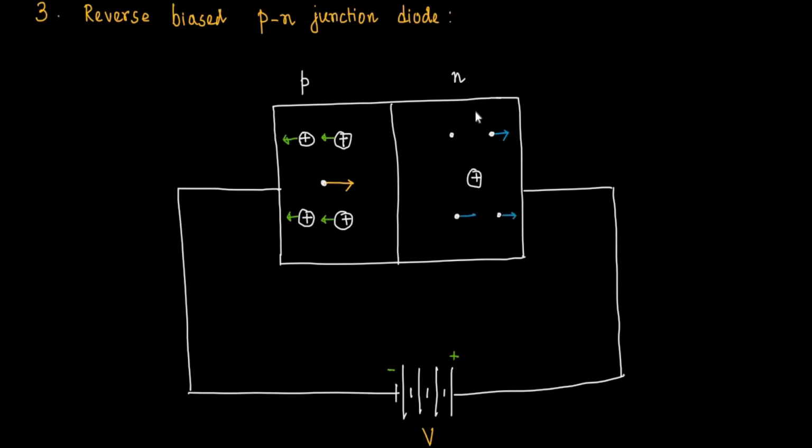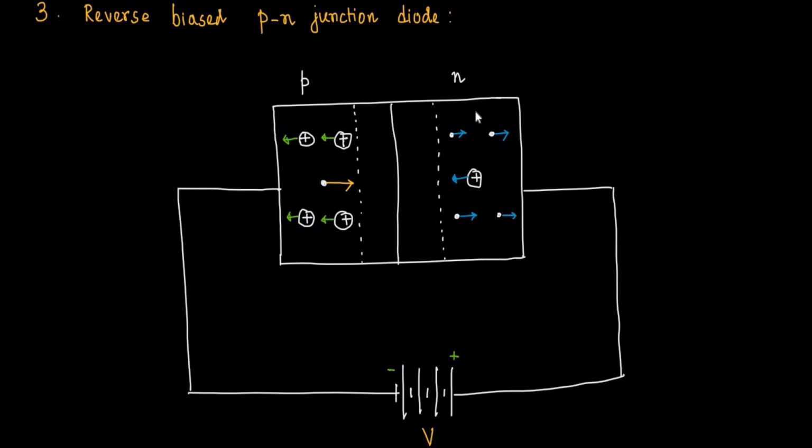Conduction electrons will be attracted by the positive plate of the external battery. Holes will be moving towards the junction. In this case, we can denote the depletion layer. The width of the depletion layer increases, that means the depletion layer becomes thick during reverse biasing.